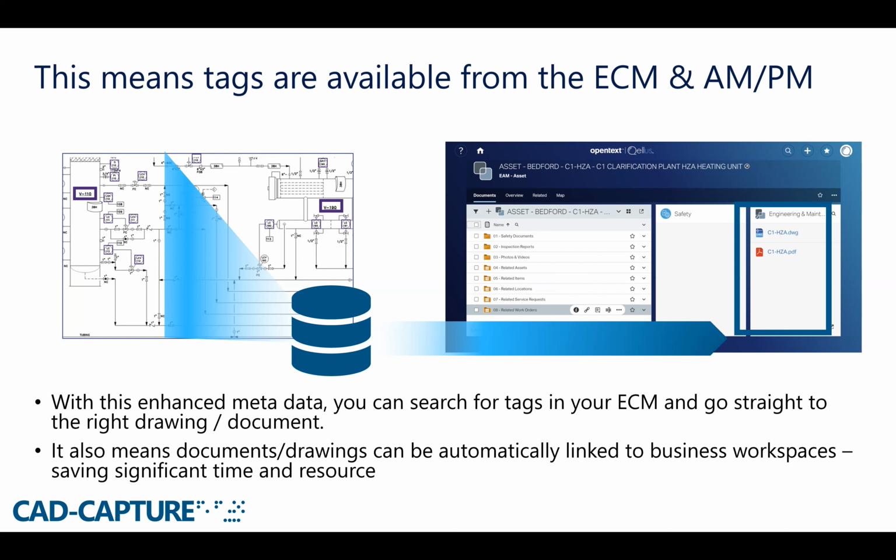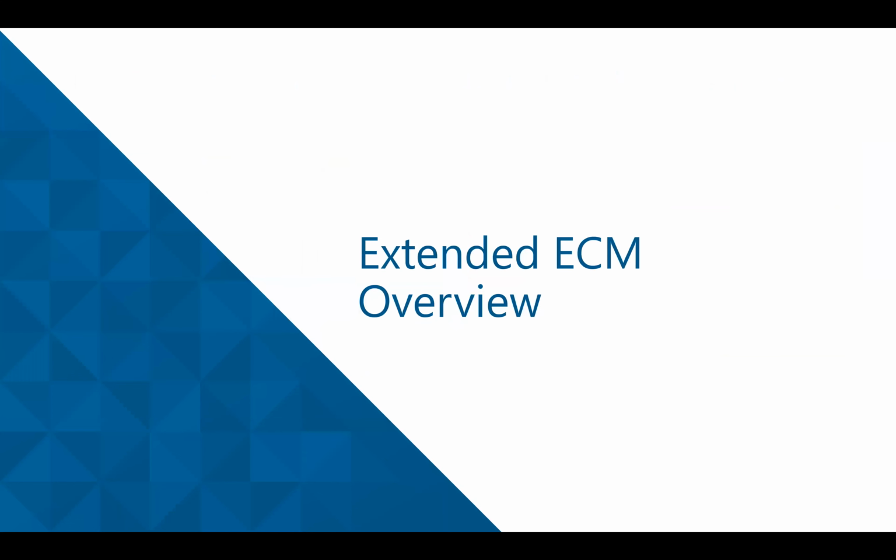And that is hugely powerful because that saves a lot of time in terms of the creation of those business attachments. And this can be automated with the use of the asset navigation solution and then the extended ECM workflow that comes along with it. So I'll go into a very quick extended ECM overview.